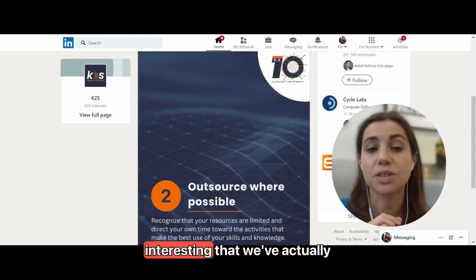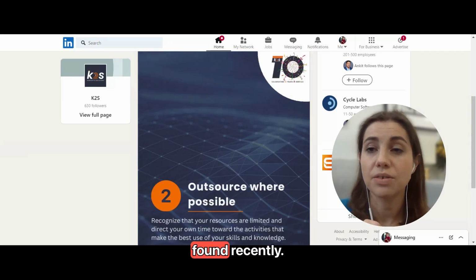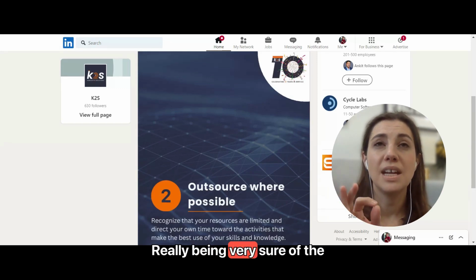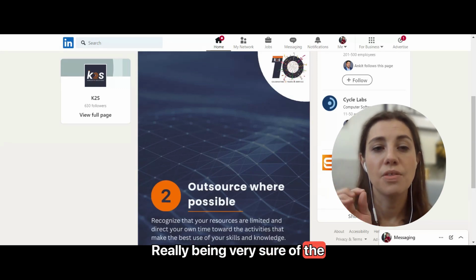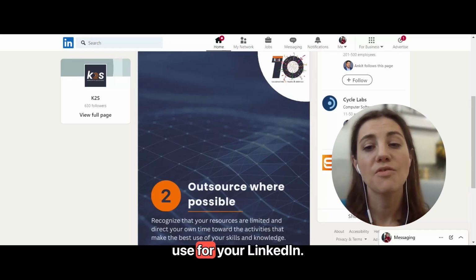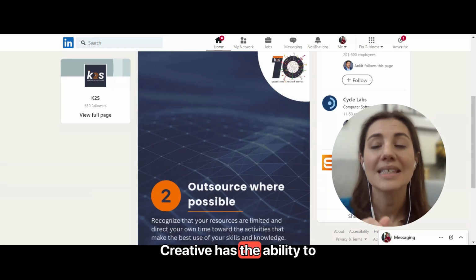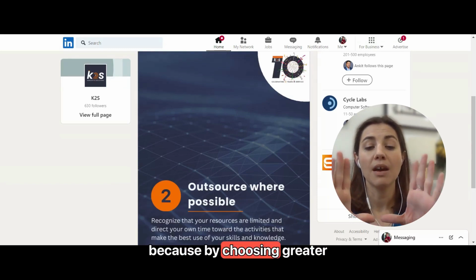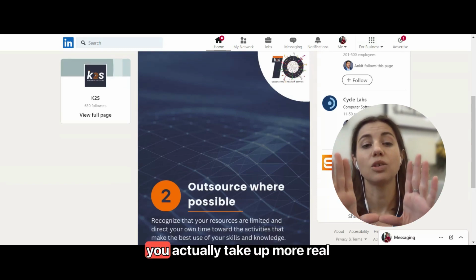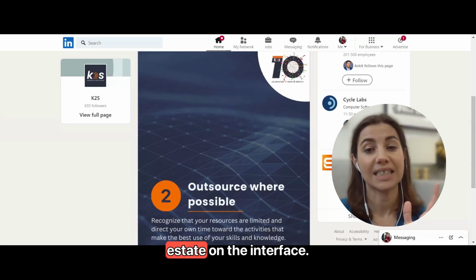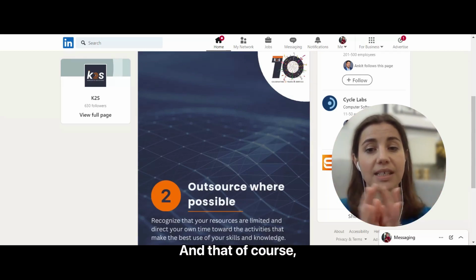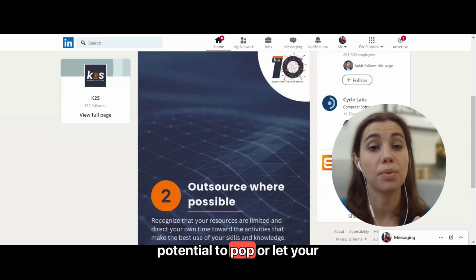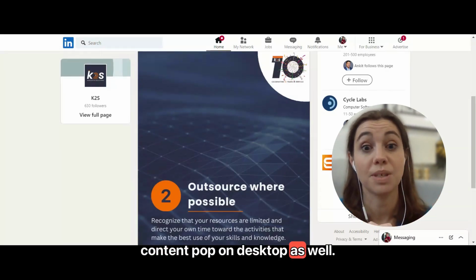And this is something interesting that we've found recently: being very sure of the format that you want to use for your LinkedIn creative has the ability to lift your results, because by choosing greater screen sizes, you take up more real estate on the interface. And that, of course, really pops on mobile, but it also has the potential to let your content pop on desktop as well.